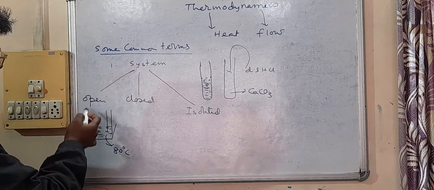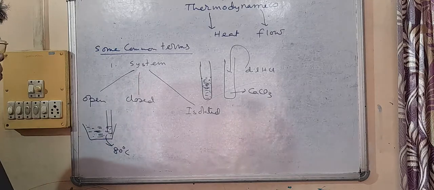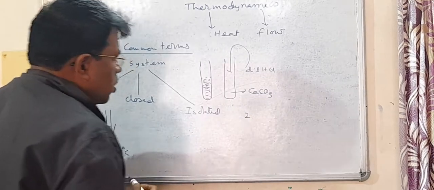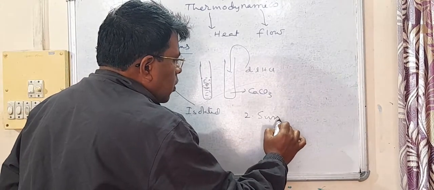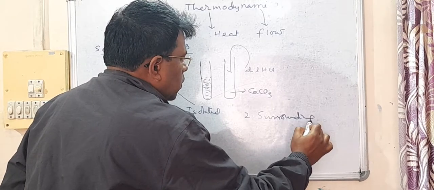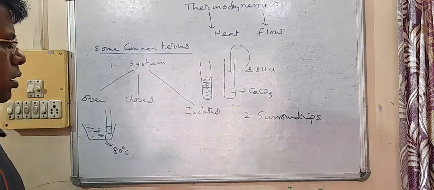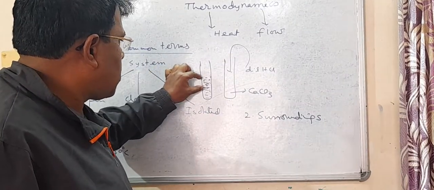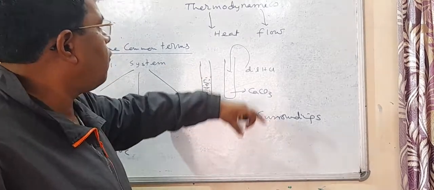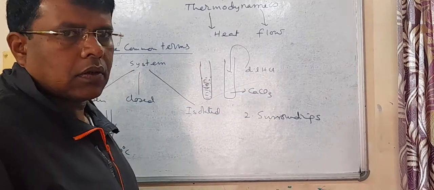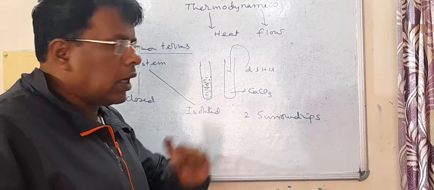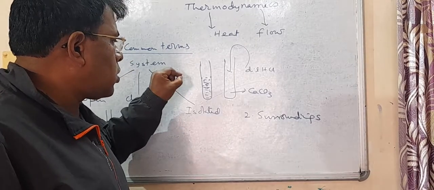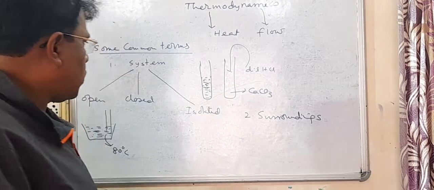Okay, before I discuss further on open system, let me come across another term, that is surroundings. So first we have discussed system, second is surrounding. What is surrounding? Other than the system, everything around us is called the surroundings.